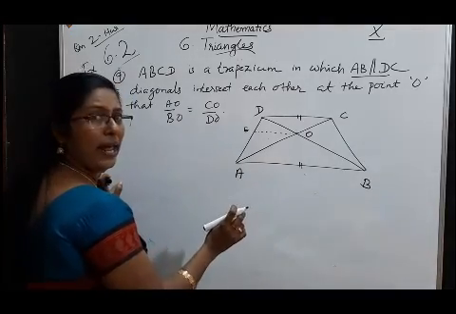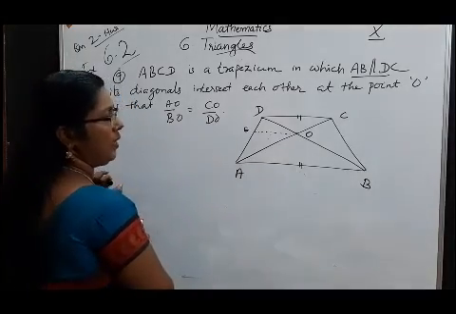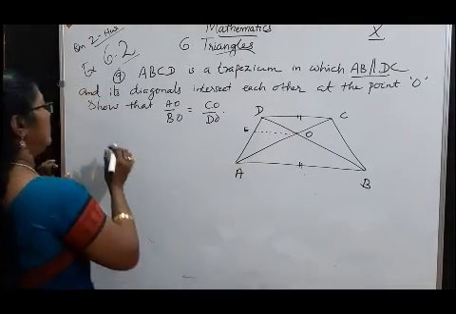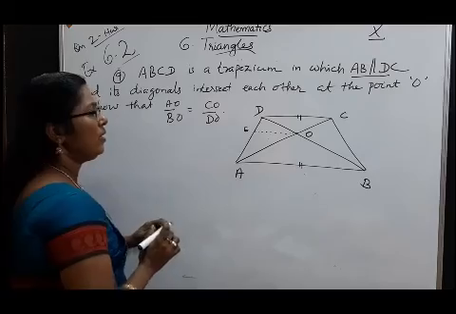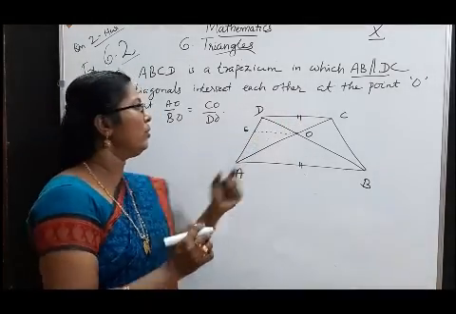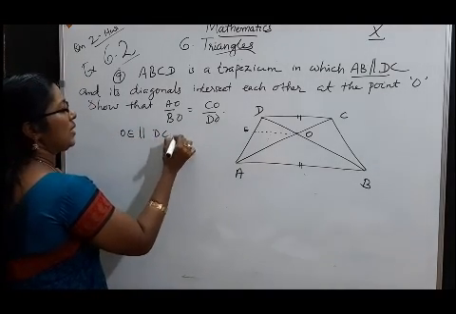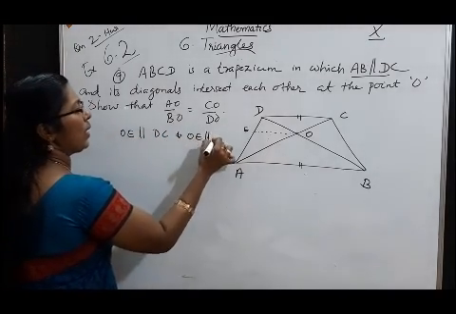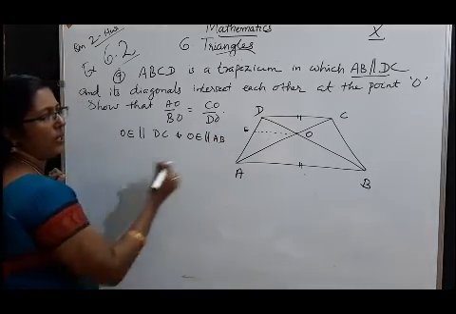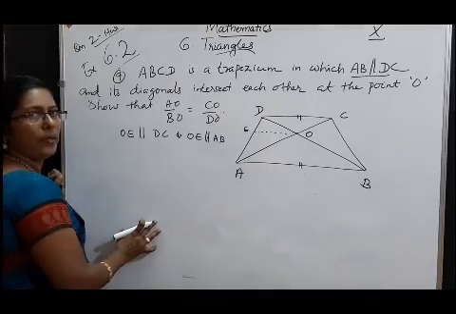That is the first step, construction. Construct OE parallel to DC, and OE parallel to AB.